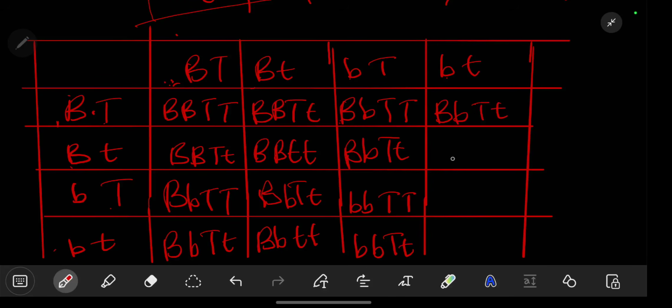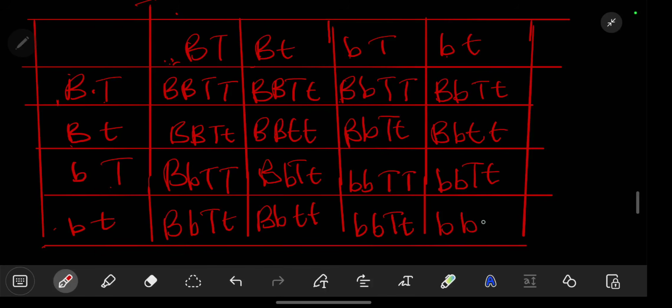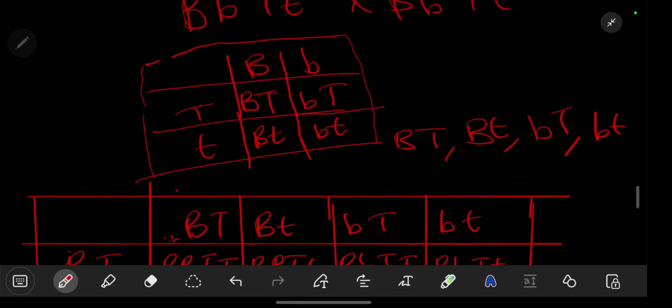We are going to have our b, small b, our T, small t. We are going to have now, we are on small b, then we have our big T, small t. We have our b, small b, our small t.